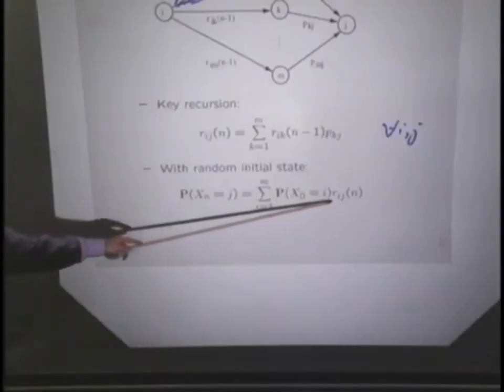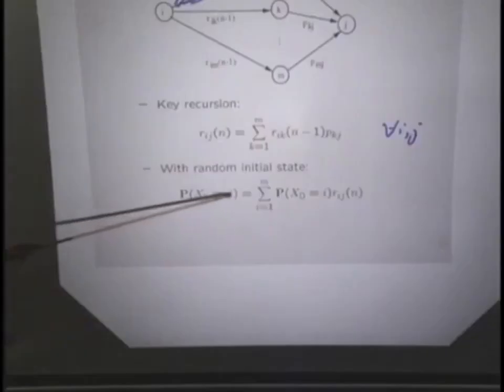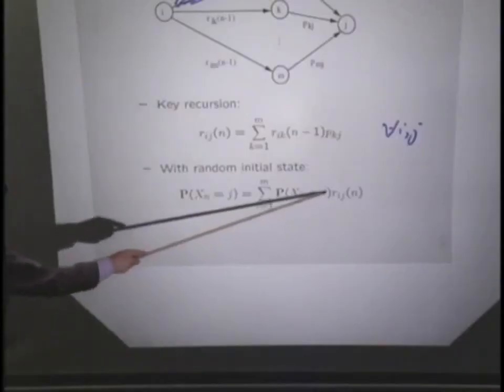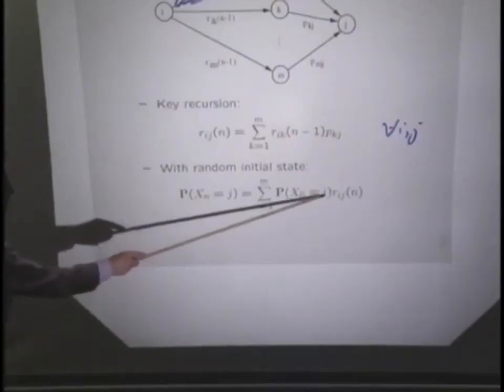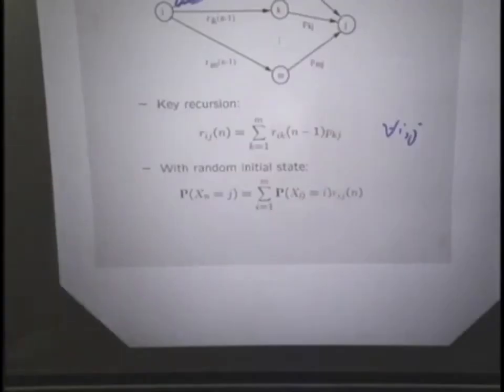With that probability, you're going to start at state 2, and so on. And you want to find the probability that at time n, you find yourself at state j. Well, again, total probability theorem, you condition on the initial state. With this probability, you find yourself at that particular initial state, and given that this is your initial state, this is the probability that n time steps later, you find yourself at state j.